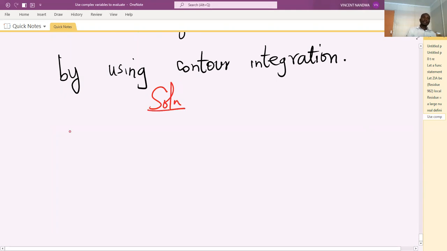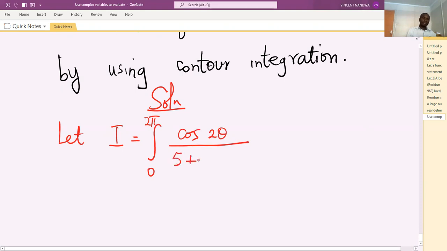Let I be the given integral from 0 to 2 pi of cosine of 2 theta over 5 plus 4 cos theta d theta.